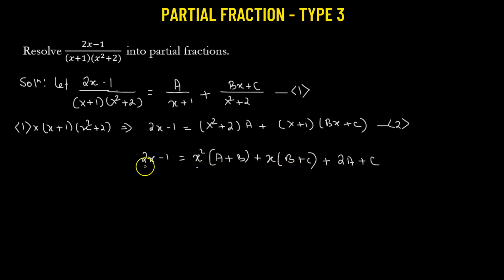On the left hand side we have a coefficient of x, which is 2, but we don't have any x² term, so we can rewrite it as 0 times x², which means exactly the same thing. Let's label this as number 3.